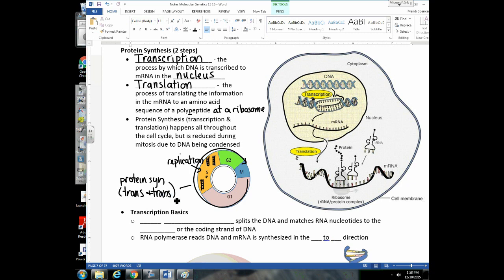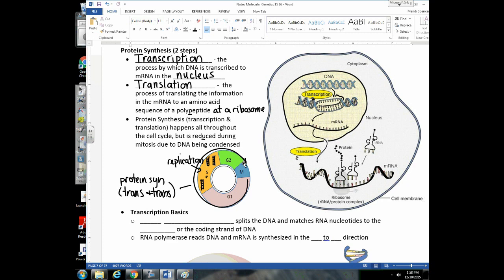It is reduced during mitosis, or actually division of the DNA in the nucleus. And that's because the DNA is coiled up into chromosomes. So the machinery that goes in and transcribes the genes on DNA can't get in there to the genes. So protein synthesis is reduced during mitosis, and that's why I stopped that arrow pretty much right here as we entered that mitotic phase.